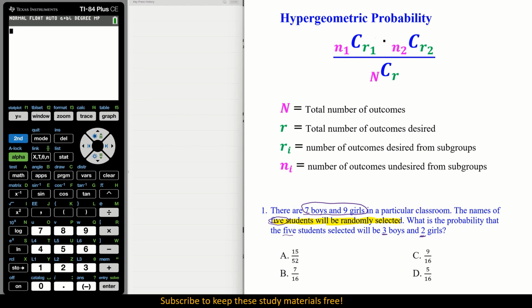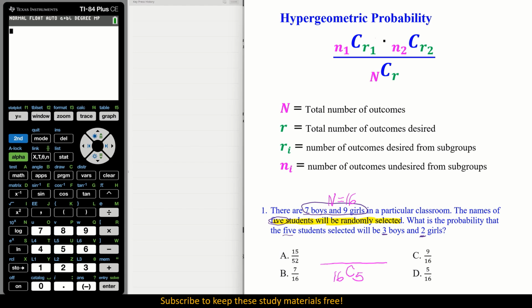All right. Well, set up our fraction, and we know that we have our capital N is going to be this 16. So we put 16 there. And we have a subgroup of 5. Now, our 2 groups are our subgroups that are selected from our outcome, the 7 boys and the 9 girls. Those are 2 totals.